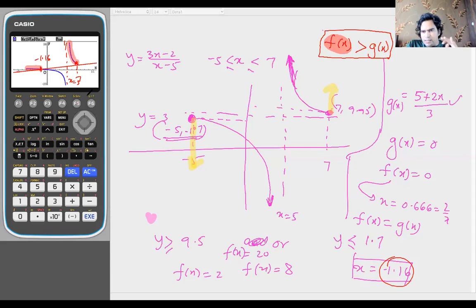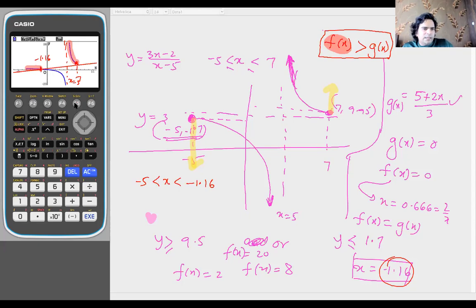The red line is the g of x line, so f of x has to be above the g of x graph. And that is happening only between negative 5 to negative 1.16, because that's what I found as the intersection.